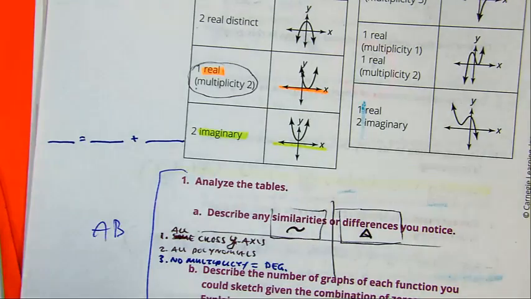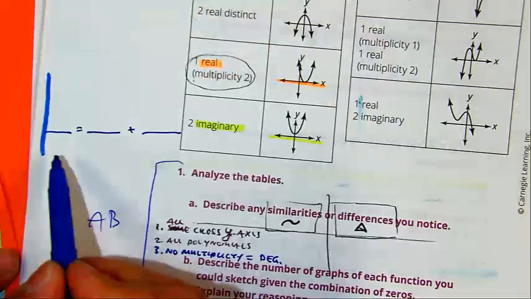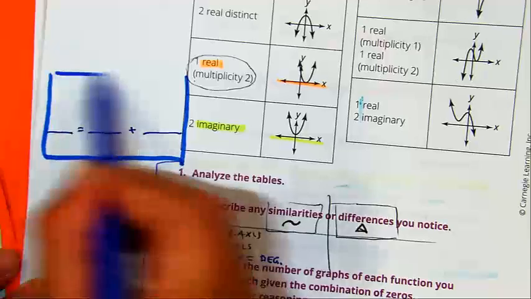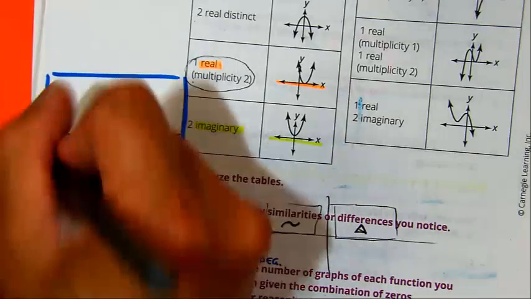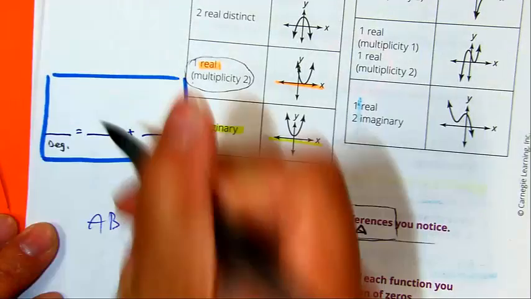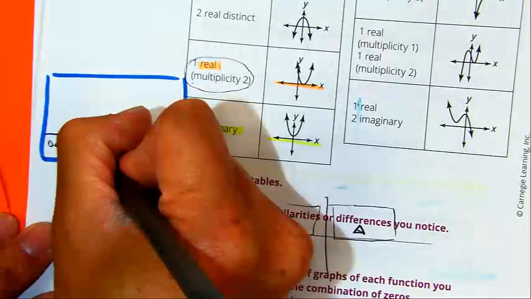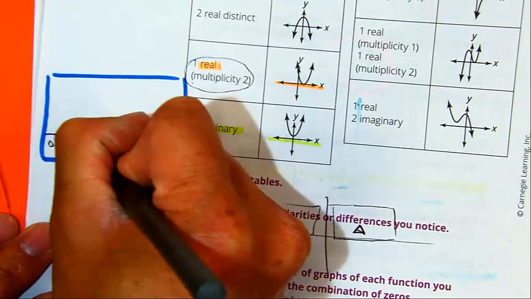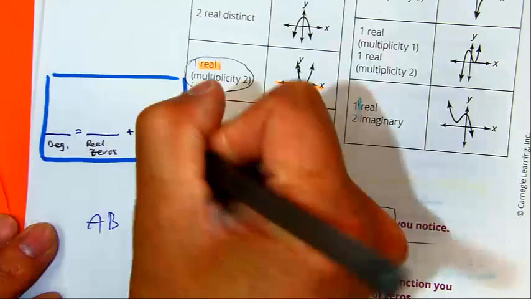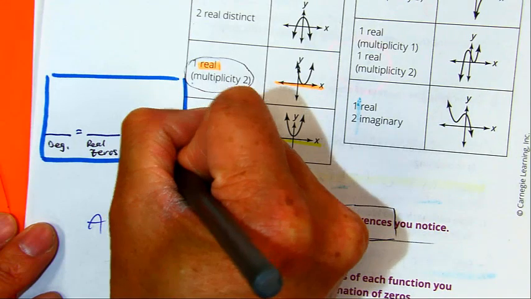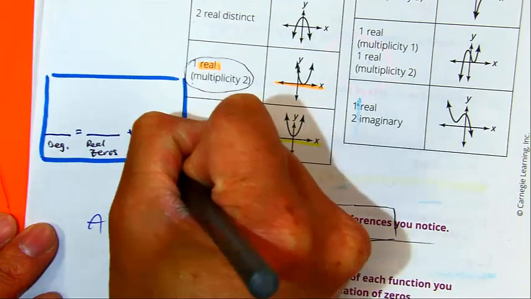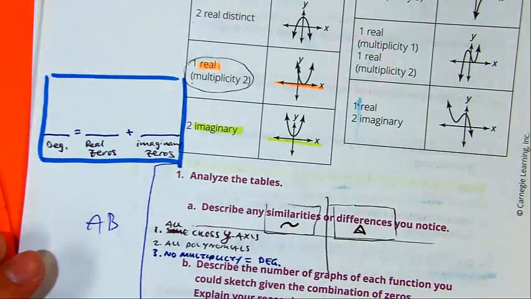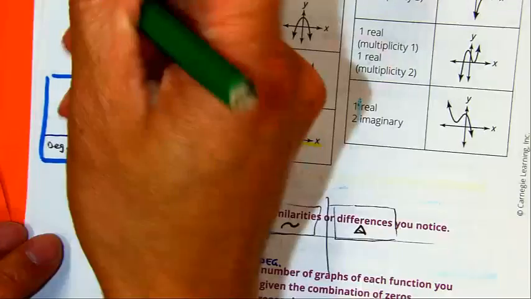But some of them don't have reals and some have just imaginaries. So the degree is equal to the number of real zeros plus the imaginary zeros. And I'm just going to call this the fundamental theorem of algebra.